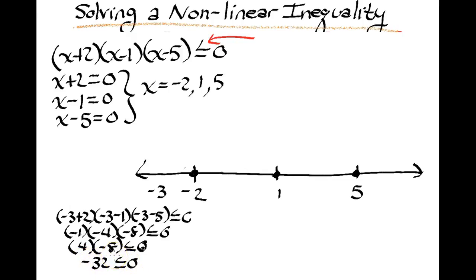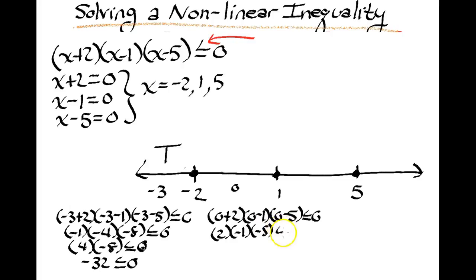Alright, -32 is less than or equal to 0, so I'm going to put a true in this region. I'm going to pick a 0 from the next region. That's always an easy one to pick. So 0 plus 2, 0 minus 1, and 0 minus 5 less than or equal to 0. And I get a 2 times a -1 times a -5 is less than or equal to 0. -2 times -5 is less than or equal to 0. I get 10 is less than or equal to 0.